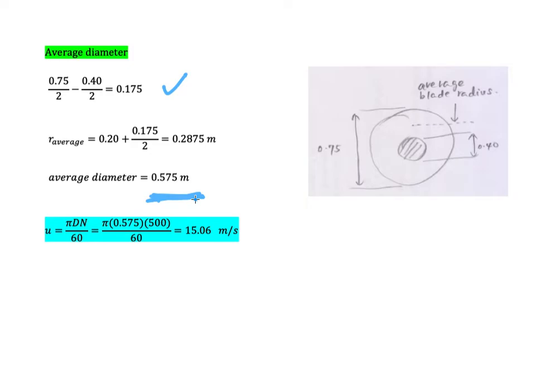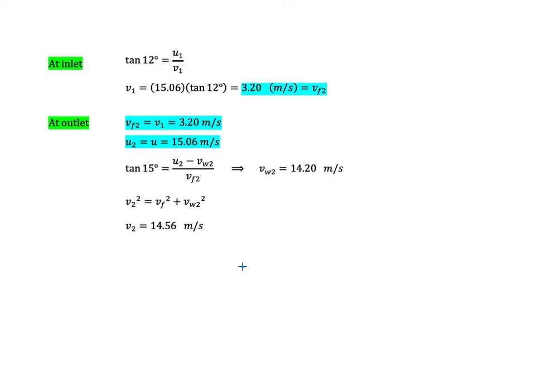So and then we could calculate the value of U by using this equation, U equal pi dn over 60. So we get that the value is 15.06 meter per second. So and then for inlet here, according to the velocity triangle, we could calculate that the V1 is 3.2 meter per second.